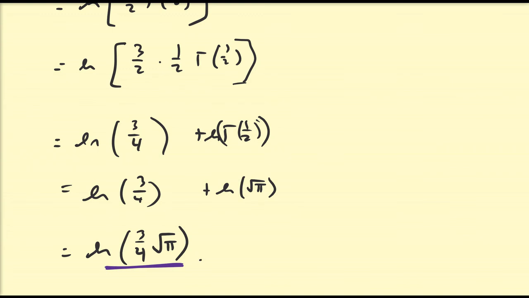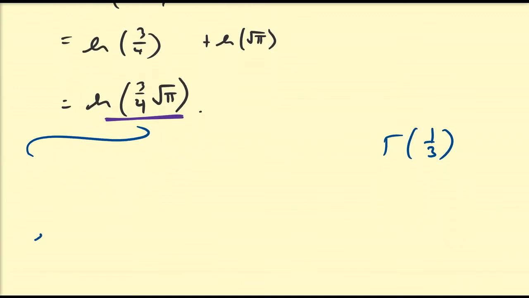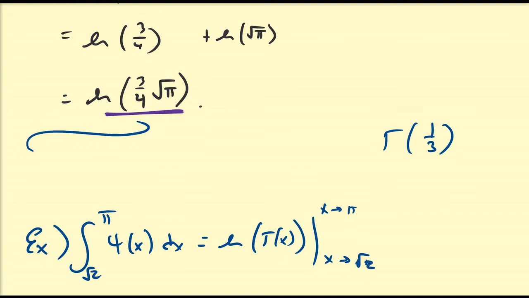Now, as we should already know, at the time of making this video, a lot of the values of gamma do not have a closed form, for example, gamma of a third, things of that nature, right? So if you have something such as the integral from the square root of 2 to, say, pi of the digamma of x dx, then this is just going to be equal to, again, the natural log of gamma of x, evaluated as x goes to pi and as x goes to the square root of 2, right?